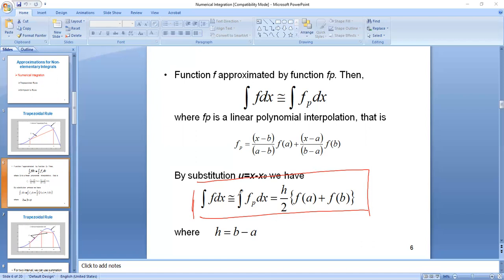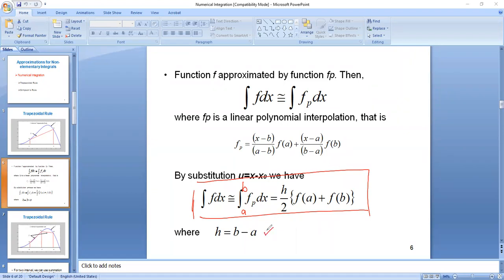In this integral, a is the lower limit and b is the upper limit. You substitute the lower limit only to the variables of the function, because the constants, you don't do anything to them. And f of b, the same thing, you substitute b for all the variables, take the sum of the two and multiply it by h, where h is equal to the difference b minus a, divided by 2. That's for your trapezoidal rule.